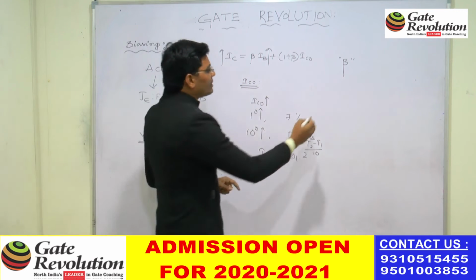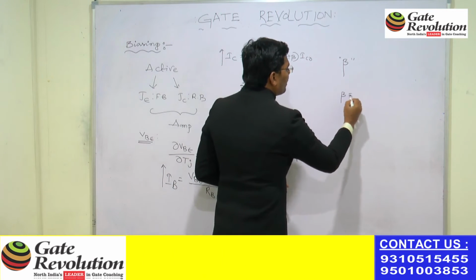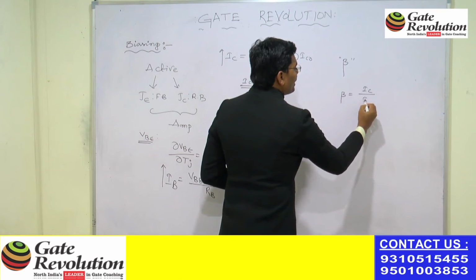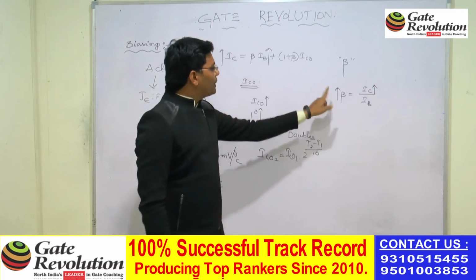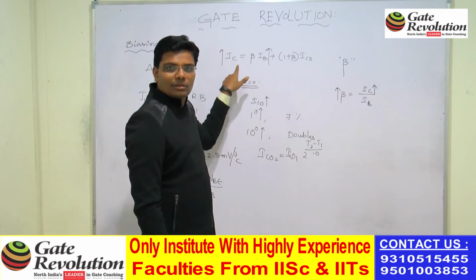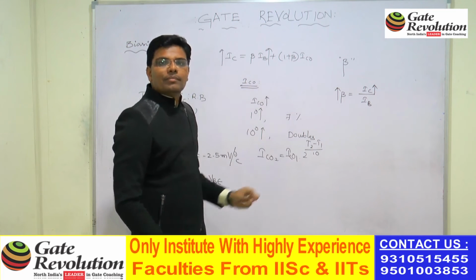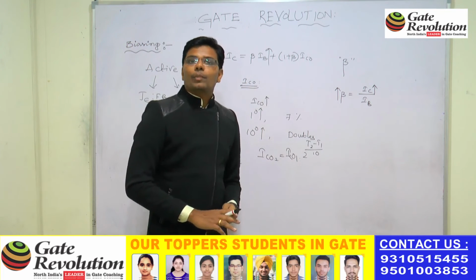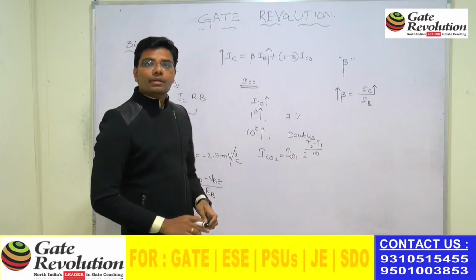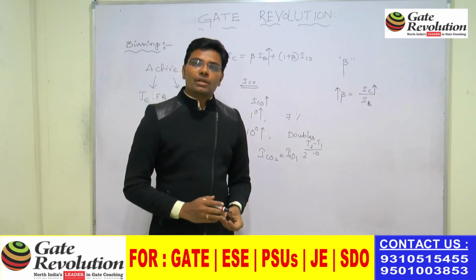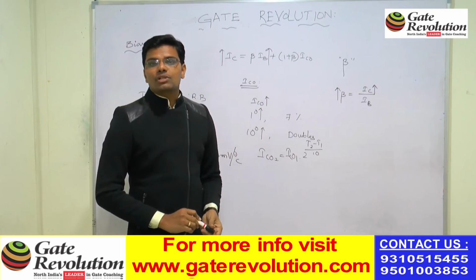As IC increases, what is the effect on beta? Beta is equal to IC by IB. As IC is increasing, beta increases. As beta increases, again IC increases. As IC is increasing, VCE decreases, the operating point shifts, and the output distorts. Thus, these three parameters which depend on the temperature affect the amplification process.